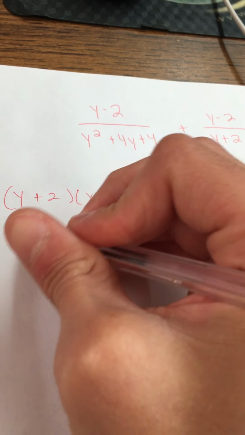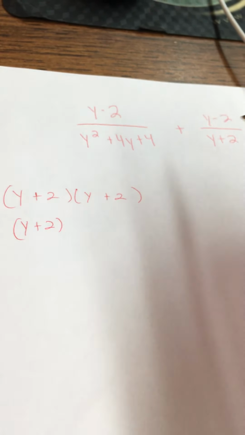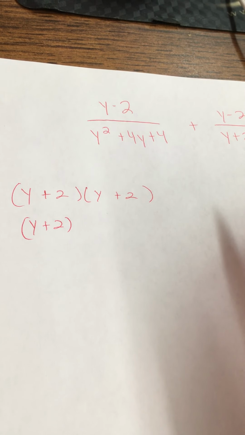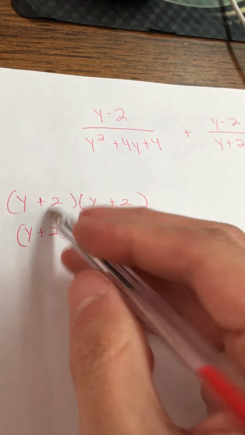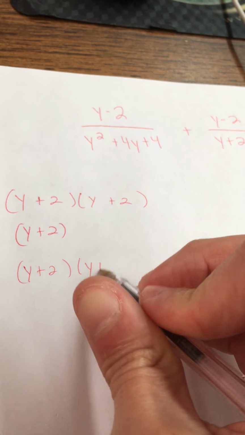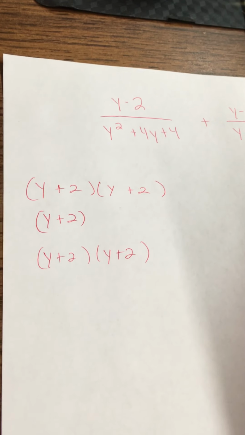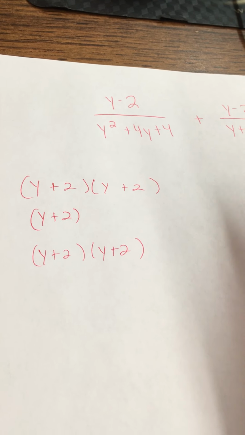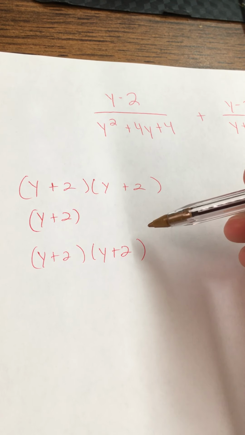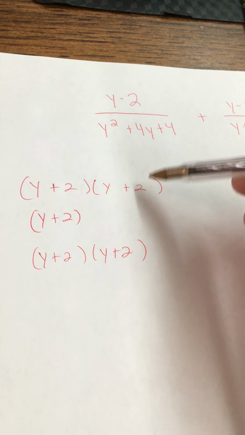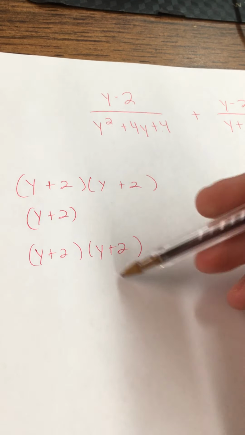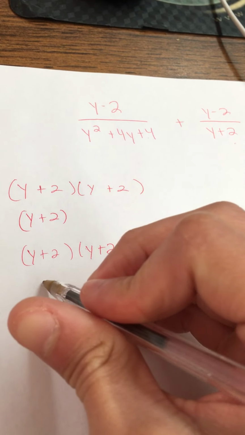Now, when we factor this one out, can't really go any further than that, can we? We can't, okay? So, we got one combination, y plus 2, then bring along the other. Okay? So, if we know that y plus 2 and y plus 2 factors this one out, and this one is y plus 2 as well, y plus 2 times y plus 2 is what?